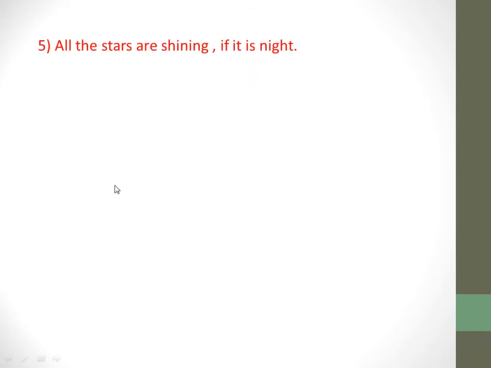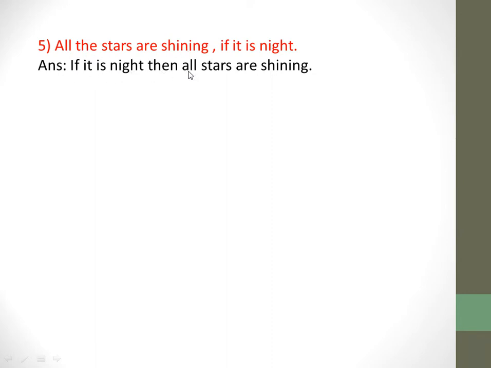Now the next one. See the statement: all the stars are shining if it is night. In the answer we have to rewrite this statement like this: if it is night, then all stars are shining. This is an if-then type of statement. Actually it is given in a different form, but we have to rewrite it like this.